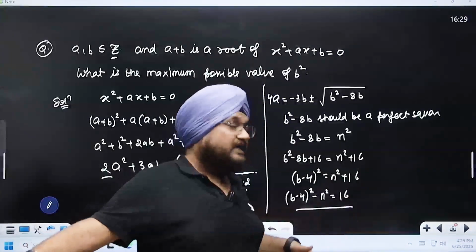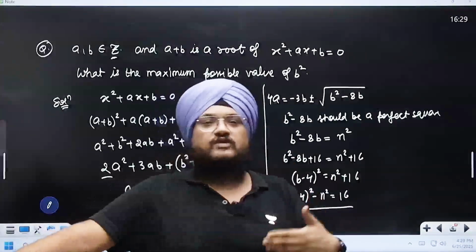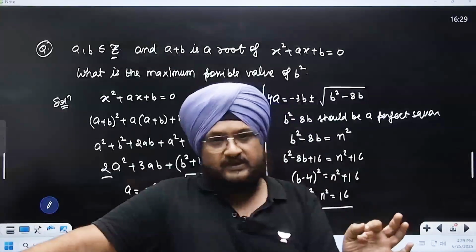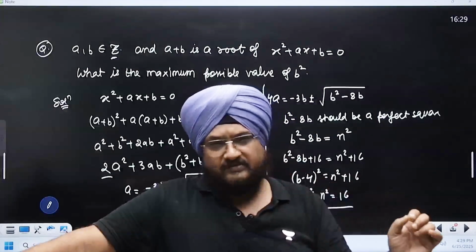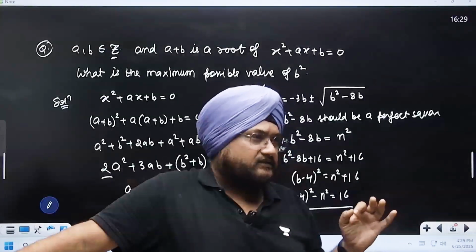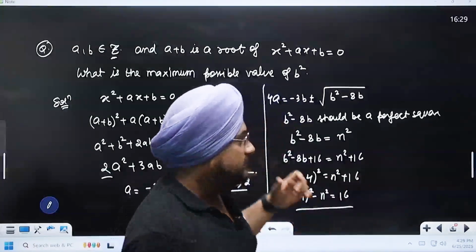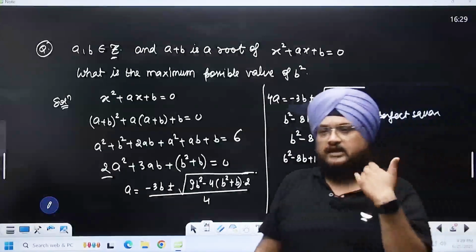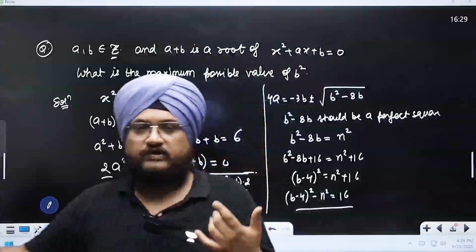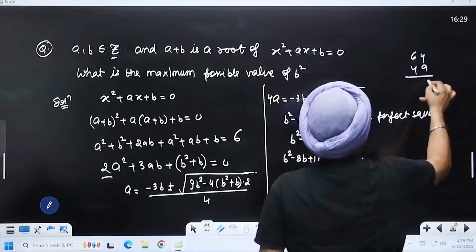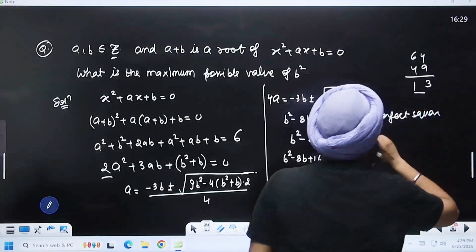As we move higher up in the natural numbers, this difference will be getting higher and higher. If I take 6 and 7, the difference between the squares will be 49 minus 36, 13. Now for 7 and 8, square of 7 is 49 and square of 8 is 64, the difference is 15.